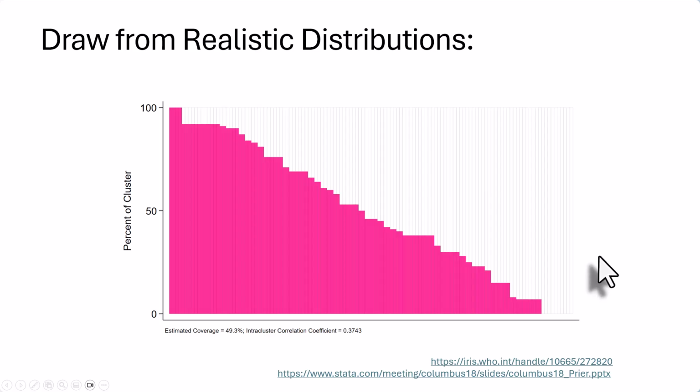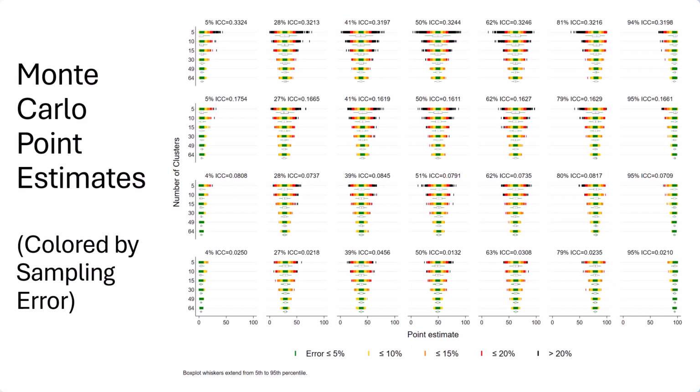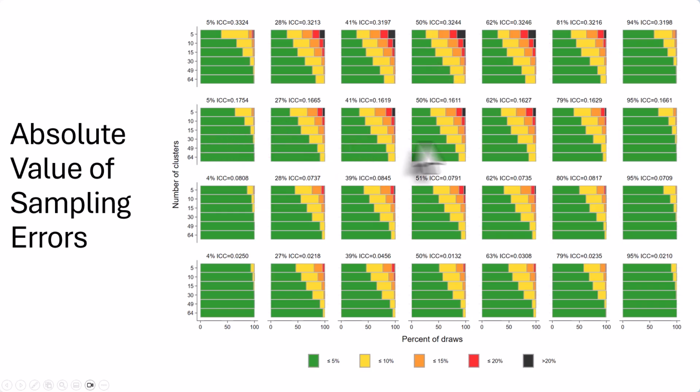There are fewer misleading results. But if you take time to go back and look at the slides and look at the 30 clusters, which has been the WHO recommendation for a long time, 30 clusters is good, but it's not nearly as good as 49 or 64. There's still a lot of sampling variability in the rows for 30 clusters here. So I was just going back this morning and looking over these rows for 30.